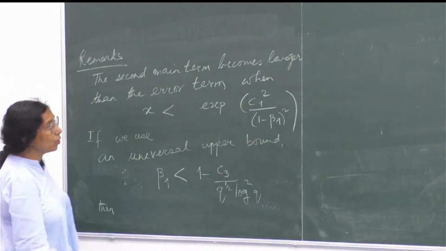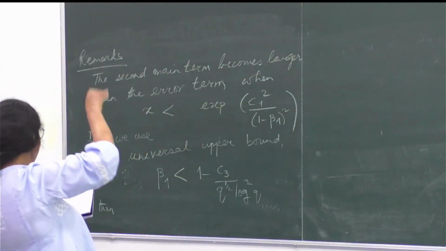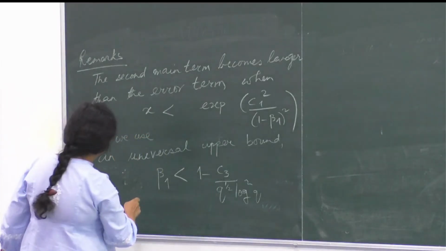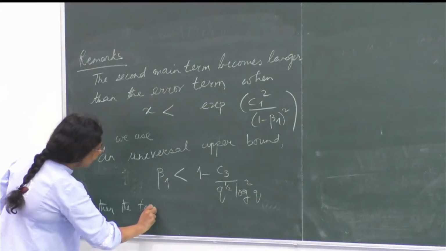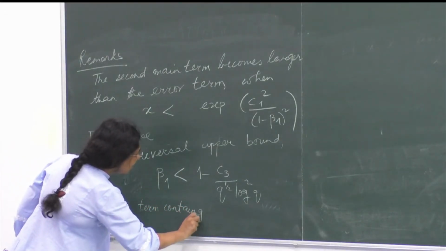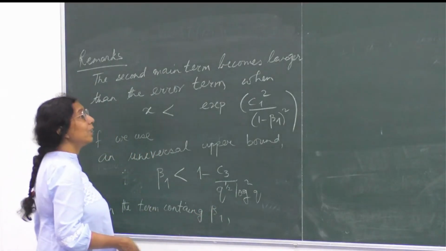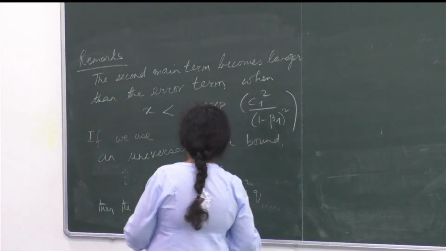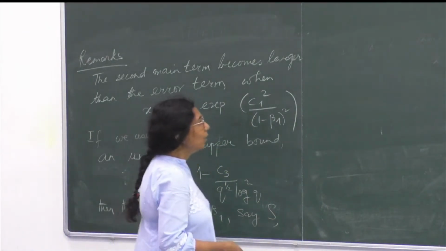you have a t, you remember? There is a t in this story where the contour integration is taking place. The term containing beta 1, in this expression, there's a term containing beta 1, say S. What happens to it?